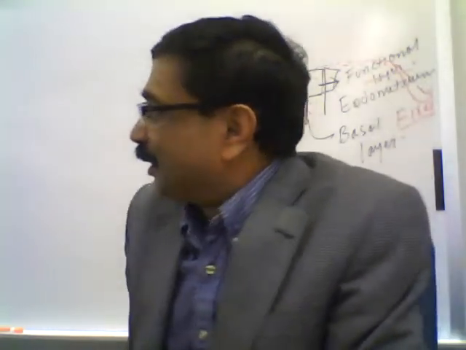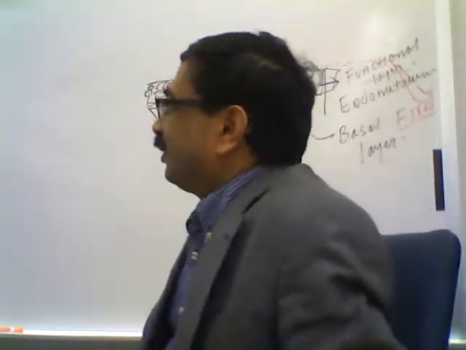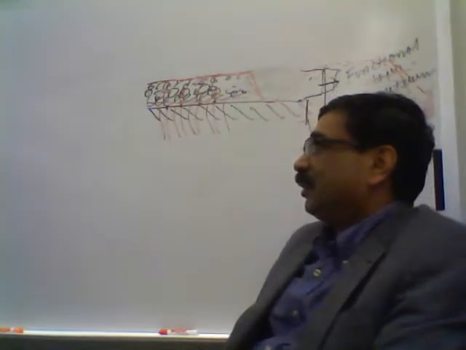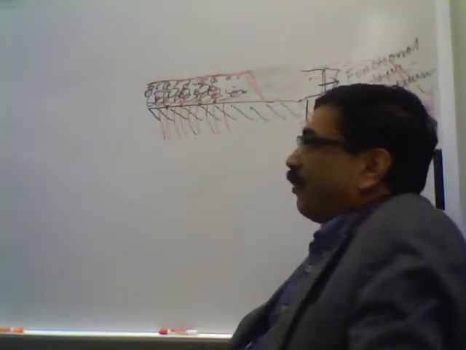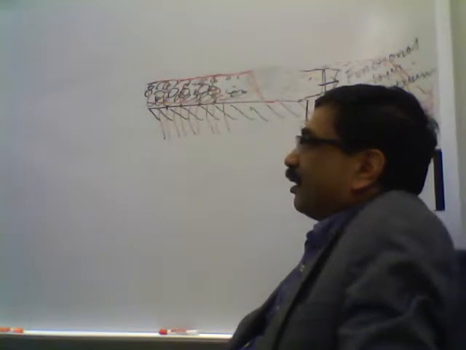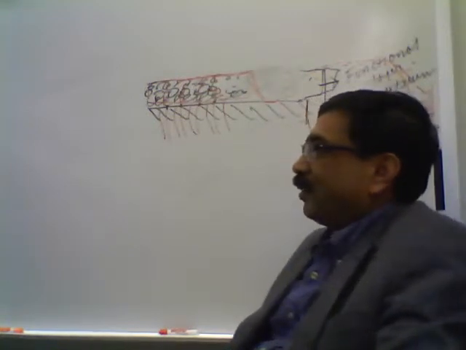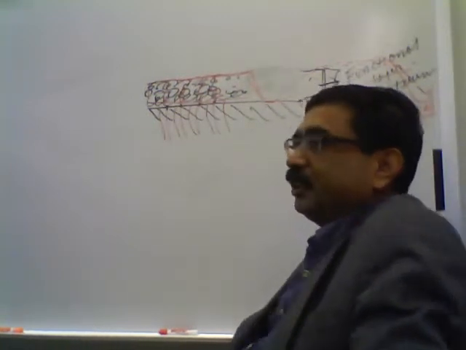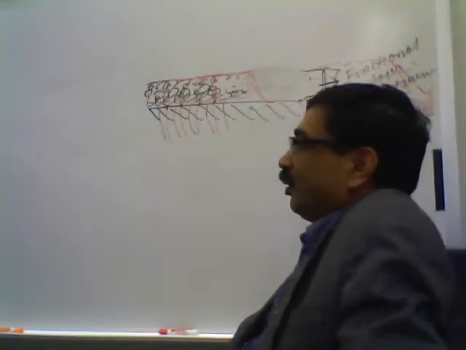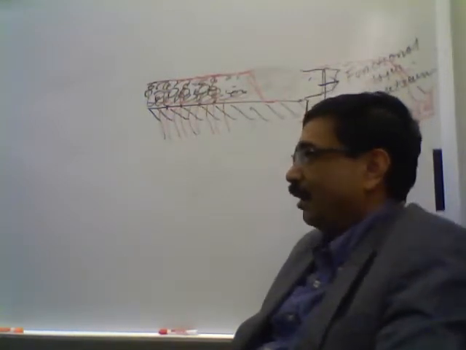And after puberty, in each month, a few primary oocytes get activated and one is selected each month to go through meiosis 1.